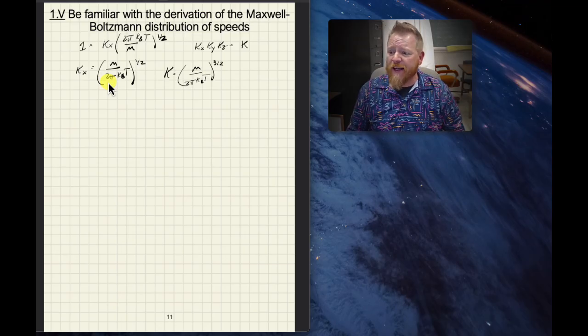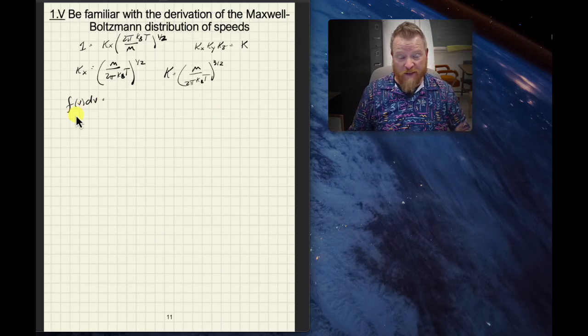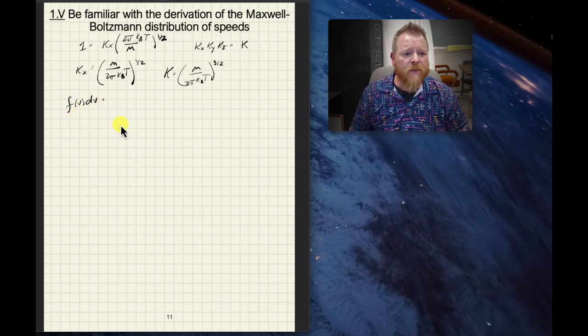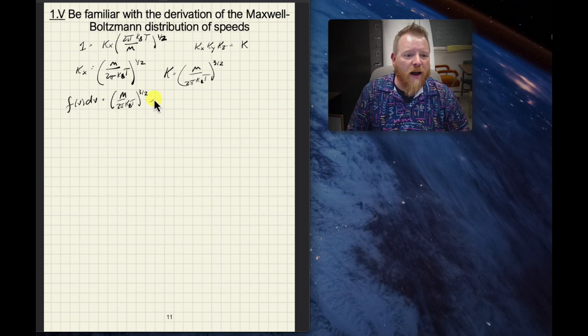And now plugging all of this back into what we have, we can get the following. So we can say now f of v dv, which now corresponds to all of our velocities and all of the dimensions, is going to be equal to m over 2 pi kbt to the 3 halves power. Okay, and then now that's going to be times the exponential of negative m, and I'm going to do a little trick here.